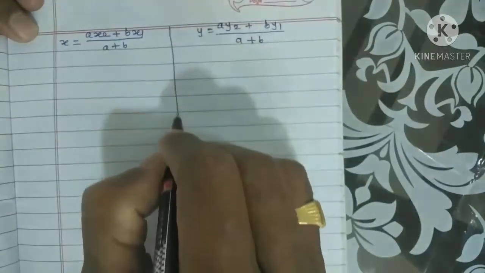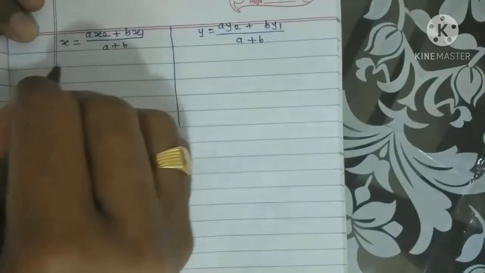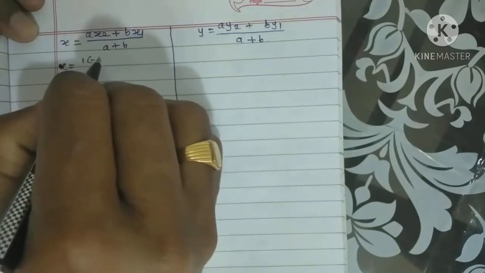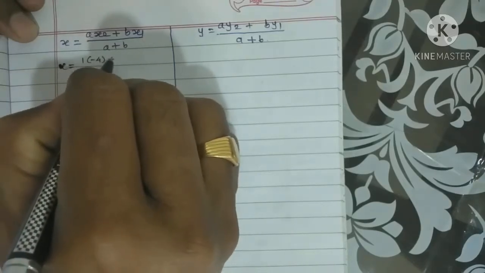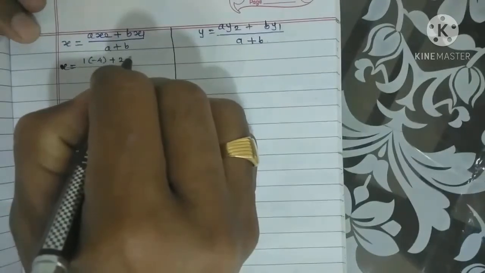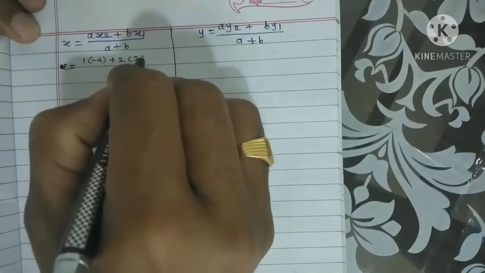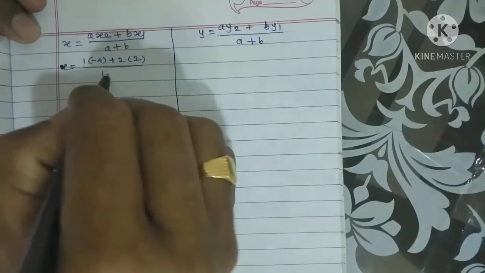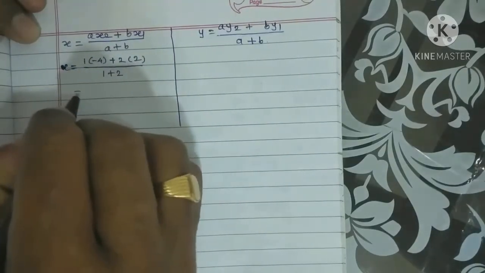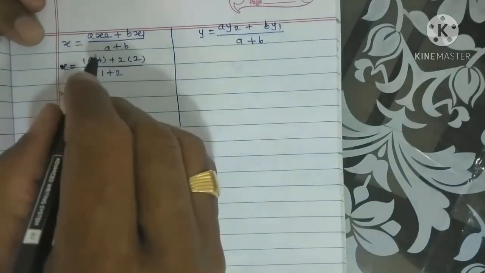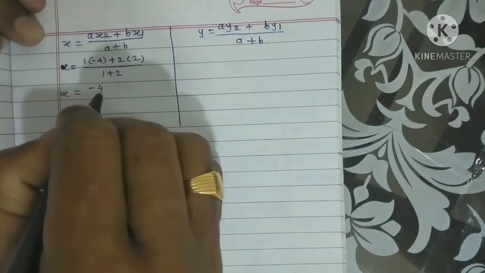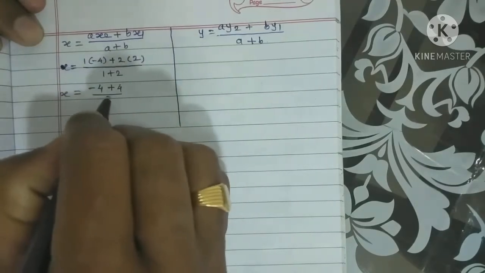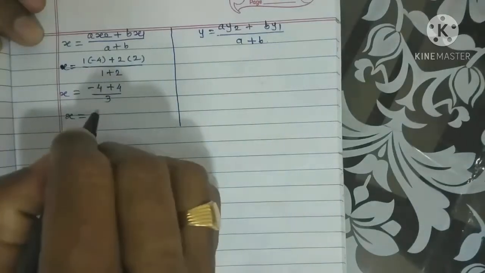So putting the values in this formula, x is equal to 1 times x2 value minus 4, then 2 times x1 value 2, upon 1 plus 2. Then in the next step, x is equal to minus 4 plus 4 upon 3, which is 0 upon 3, so x is equal to 0.